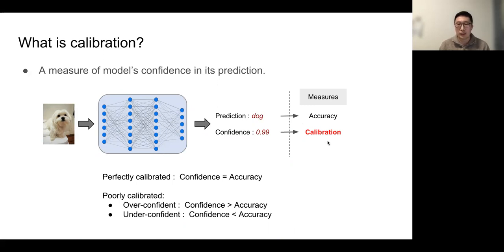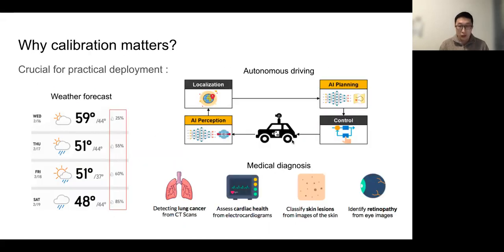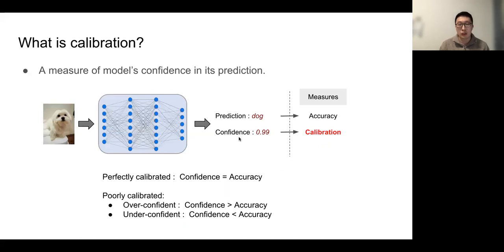But in most cases, we omit the performance of the calibration, which is a measure for the confidence, for the distribution of the probability. So if a model is perfectly calibrated, it means that the output confidence is equal to accuracy on average. And for poorly calibrated models, there are two cases.